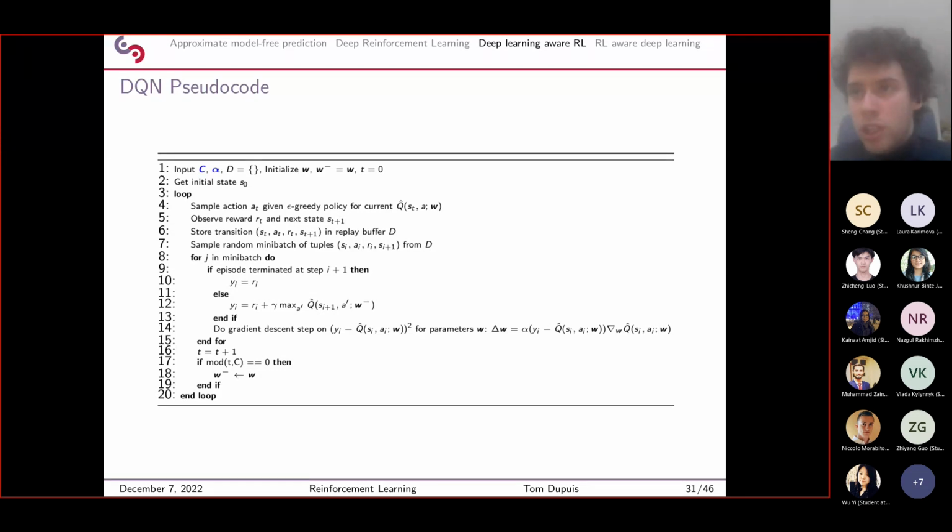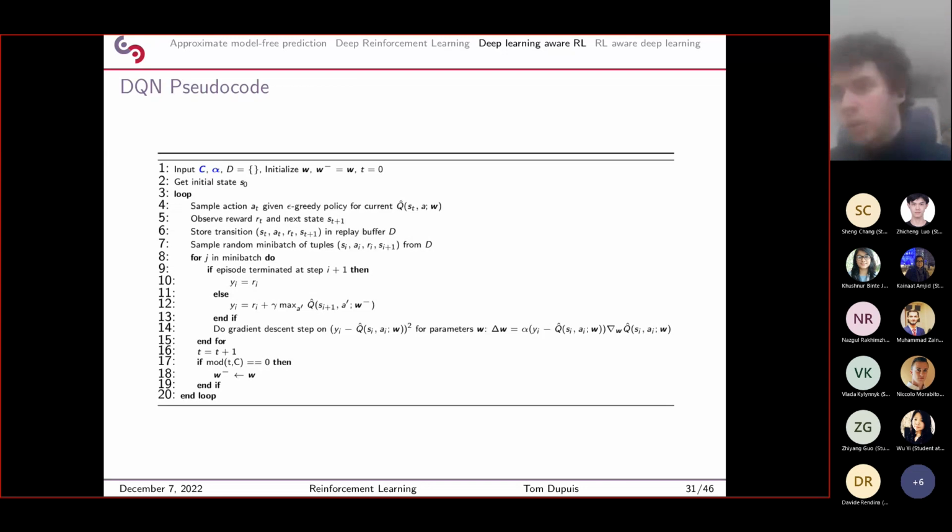Just for your information, the first if, you can see that the target is not the bootstrap target, but just a reward. Why is that? It's because in the case the episode is terminated, you don't expect to receive any reward anymore, because it's the end of the episode.